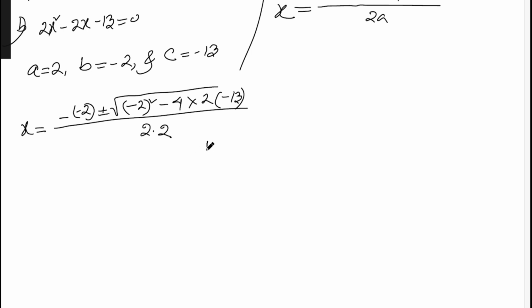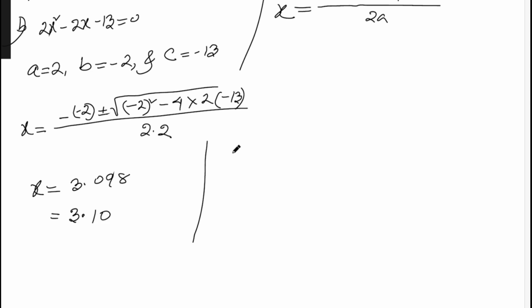So if we go further calculation, we will get two values of x, and one will be 3.098. So if we round it up, we will get 3.10.